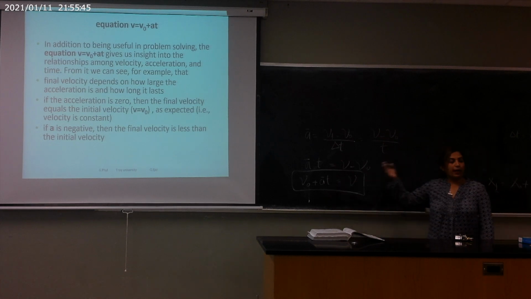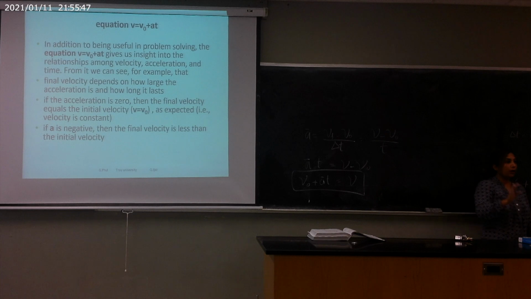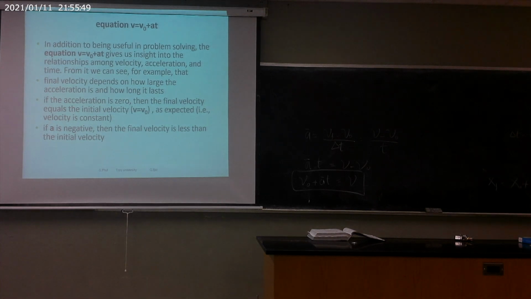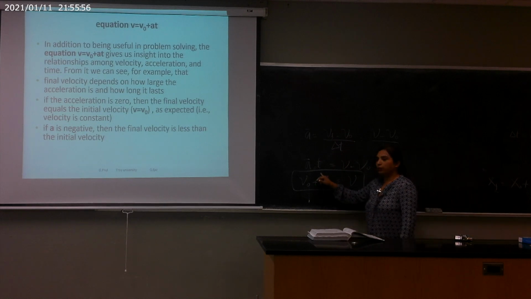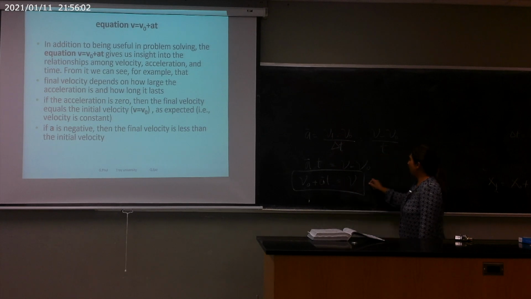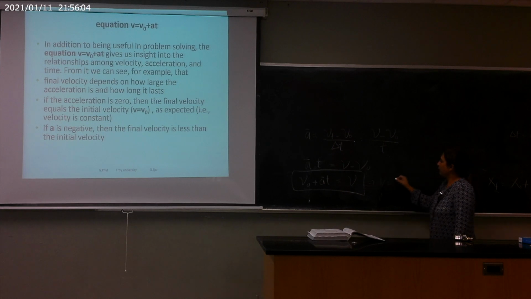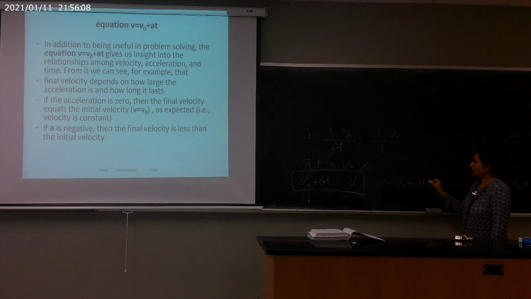If a is constant, because this equation is only applicable if acceleration is constant. Otherwise, if it is not constant, then you will have to get its value, change, integrated over the interval, using some calculus. So since it is constant, we can also write it as V is equal to V naught, initial velocity, plus a t.